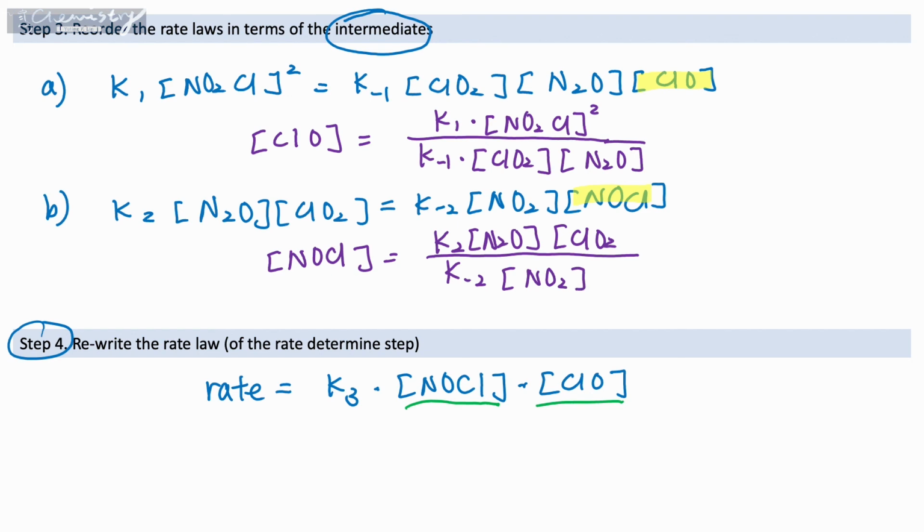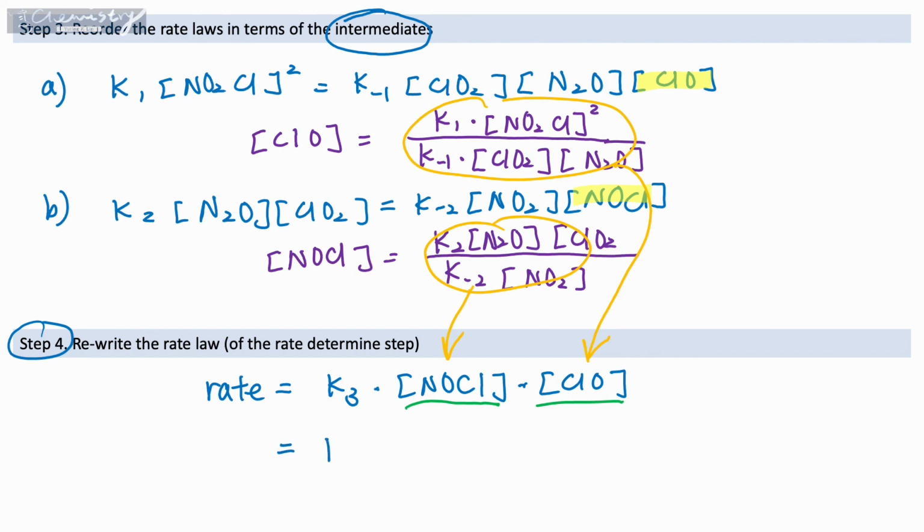And now after we have those, we can put them in there to identify the overall rate law expression. Over here, what we're going to do is put this into ClO, put those into NOCl. And let's start writing.